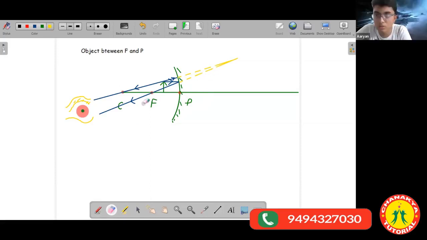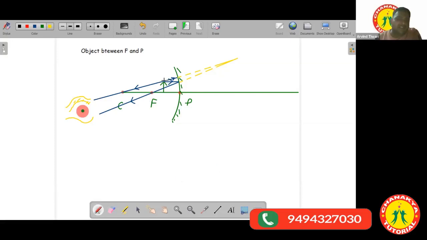Sir, could you explain this diagram, sir? I didn't understand. Which part? Sir, the extensions. See, extension means, see the ray of light. This is the first ray of light we have taken, which passes parallel to the principal axis, and after reflection, it comes back along the focus, right?